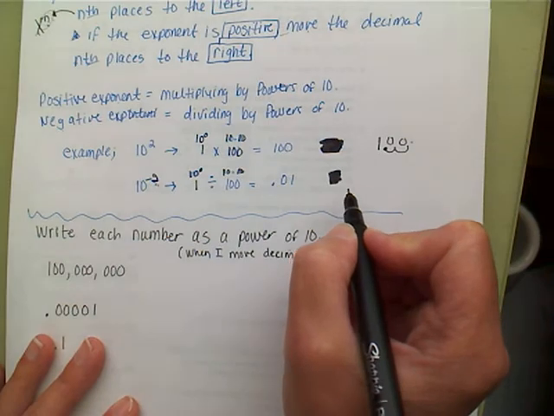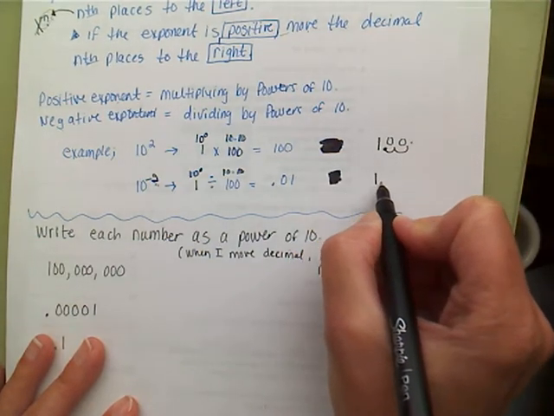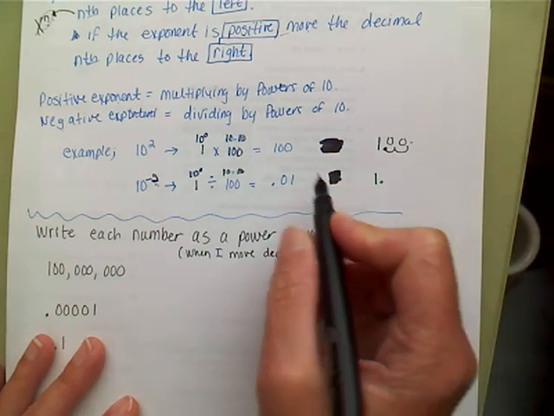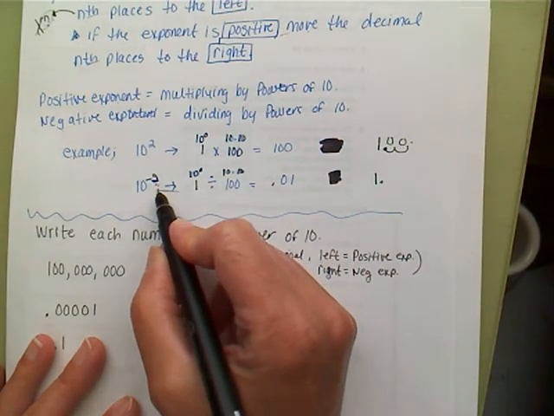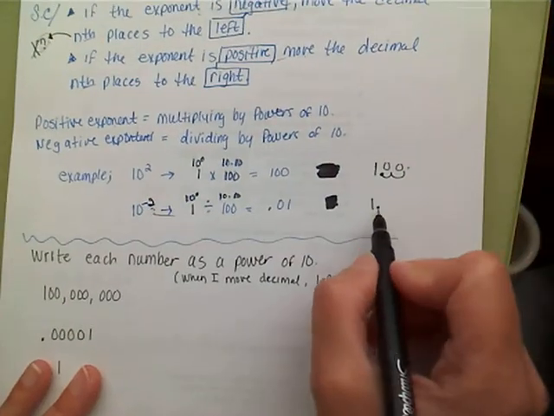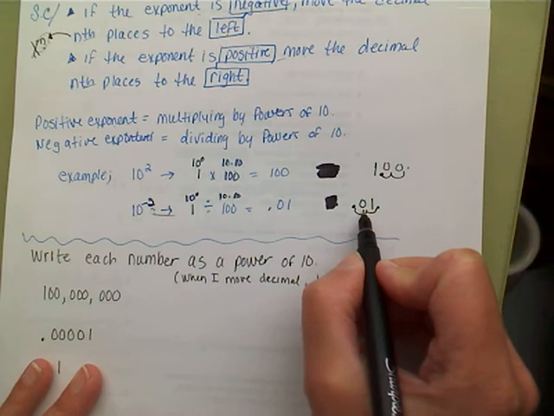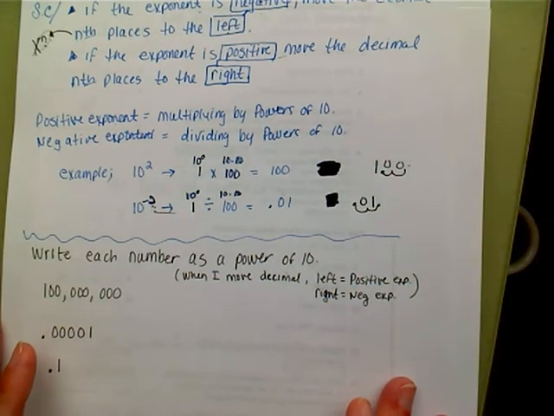And to just demonstrate that again by moving my decimals, I'm going to have 1 in the 1's place, and since it's a negative exponent, please ignore my dog in the background, I'm going to move the decimal place 2 places to the left. So moving the decimal 2 places to the left, it would be 0.01. So that's just kind of how it works.